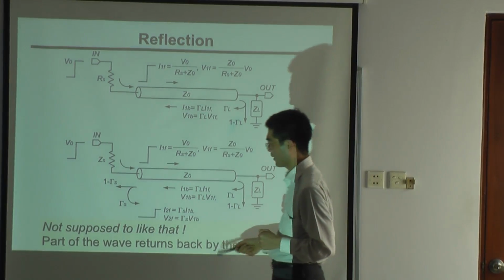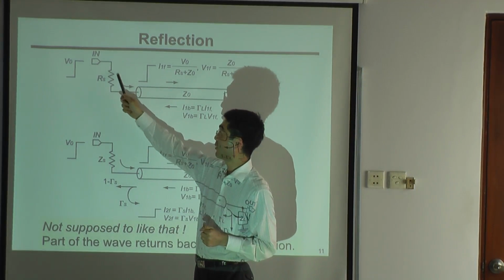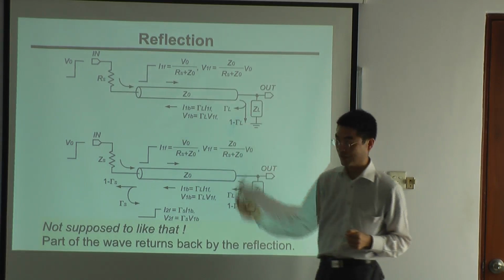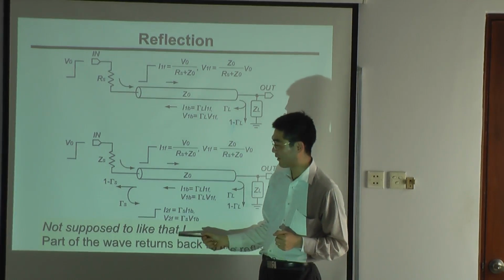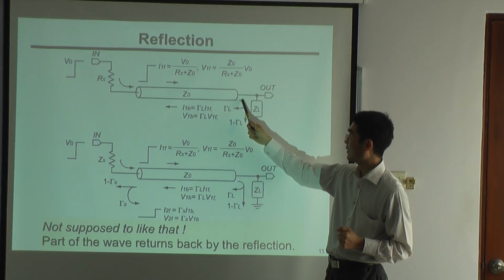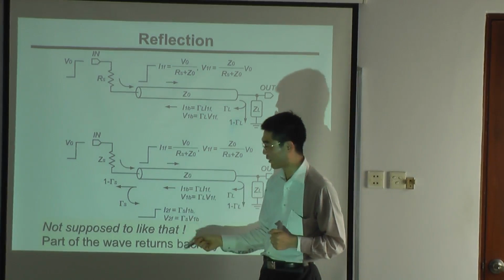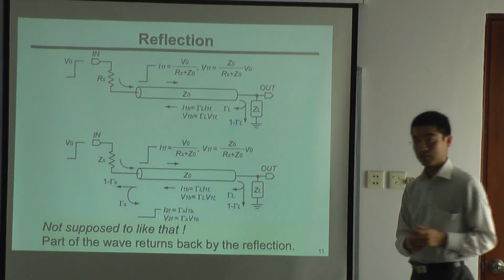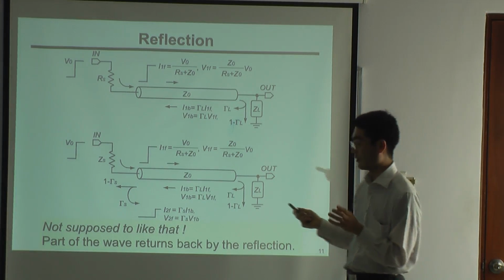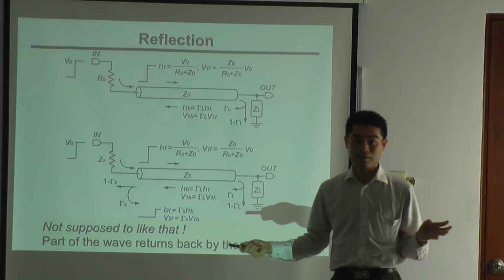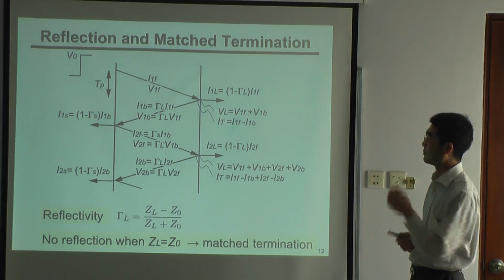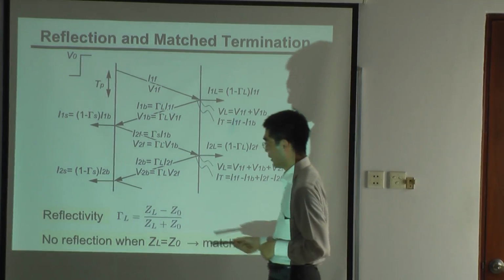So here, the first thing they come into assuming that they have the zero termination, but find that this is not supposed to be like that. This is our L. So we have reflection and reflection and reflections. And this is what happens at the end of the long wire.